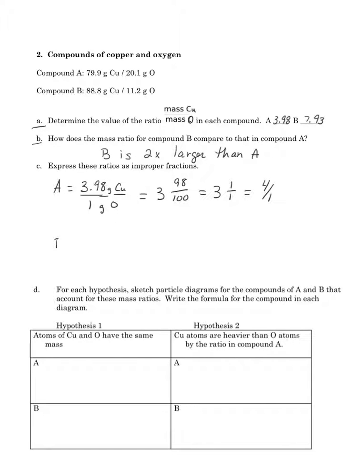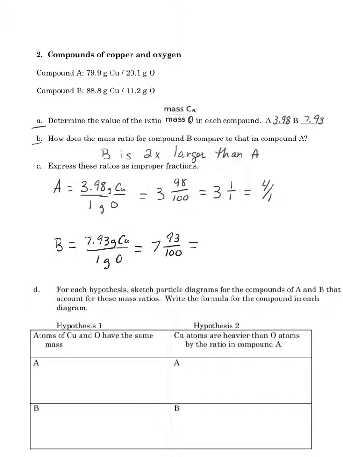For B, we had 7.93 grams of copper per 1 gram of oxygen. Again, I'm going to put this into a mixed fraction. Rounding wise, this is close enough to say that this is a 1-to-1 ratio.